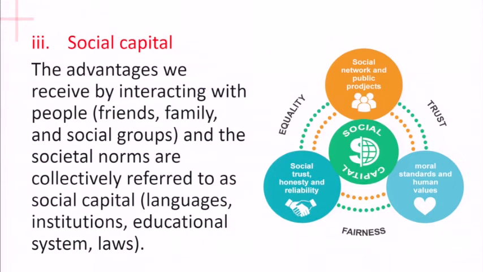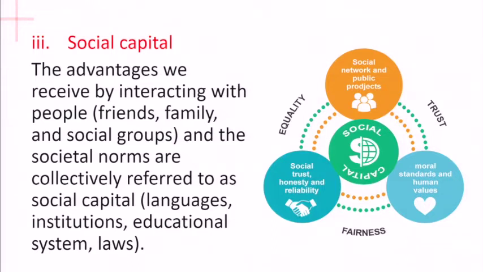Next, coming to the social capital. The advantages we receive by interacting with people, our friends, family, and social groups, is the social capital. It also includes the social network, the public projects that we have, the interactions we have with other organizations, the amount of trust, team building, honesty, and reliability we have with the social group in which we are networked, and the ethical and moral standards that are set.